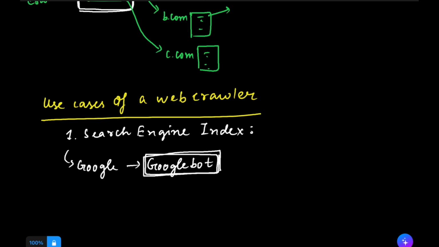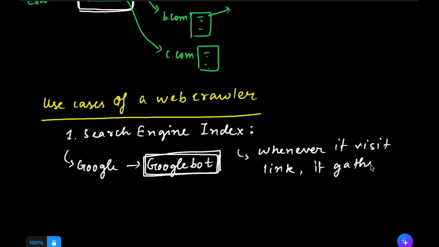And how does a web crawler help us in the search engine index? It visits a web page and, with the web crawler functionality, visits multiple links, and along with that, whenever it visits a link recursively, it gathers some metadata.